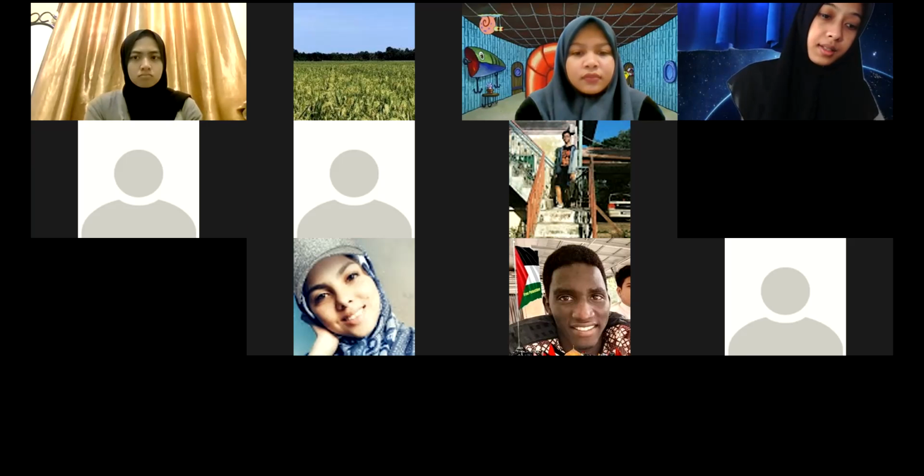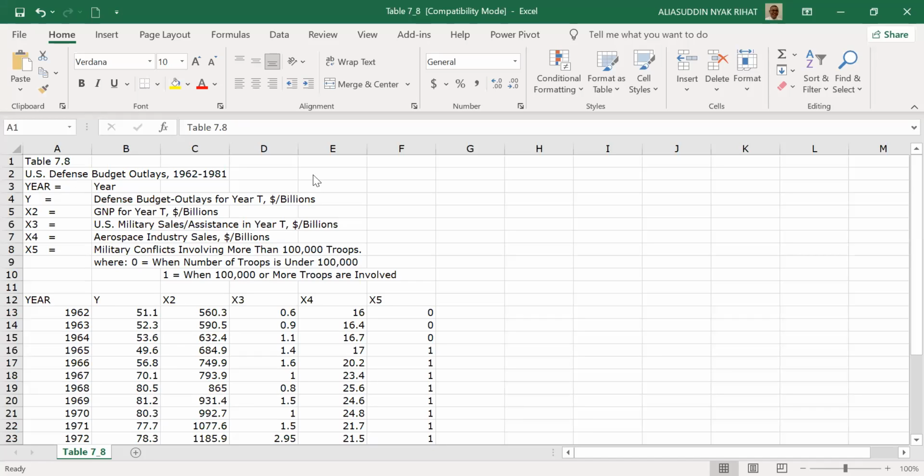Okay, here is Table 7A, U.S. defense budget outlays, 1962 until 1981. Y is the defense budget, X2 is GDP, X3 is military sales, X4 is aerospace industry sales, X5 is military conflict. Because we are talking about a simple regression model, this means only one variable.